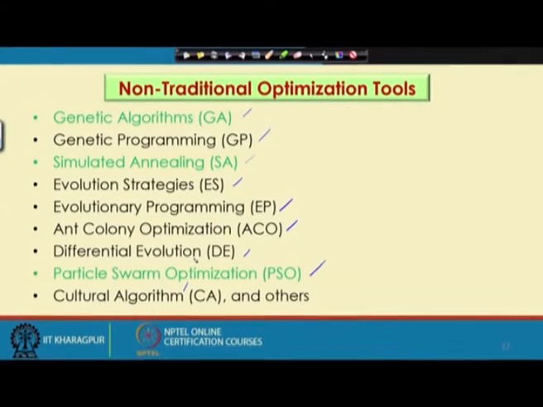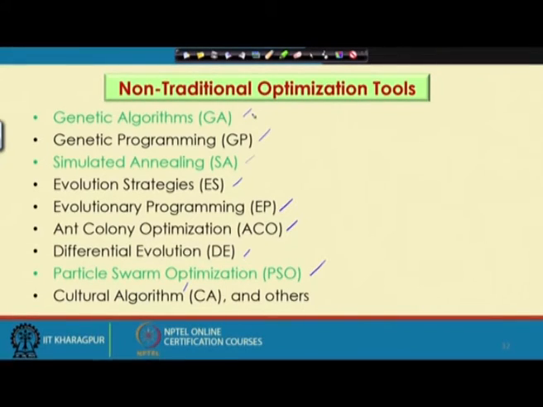Now, in this particular course, I am going to discuss some of the non-traditional optimization tools, and I will be discussing their working principles with the help of some suitable numerical examples. For example, I am going to start with the working principle of the genetic algorithm.